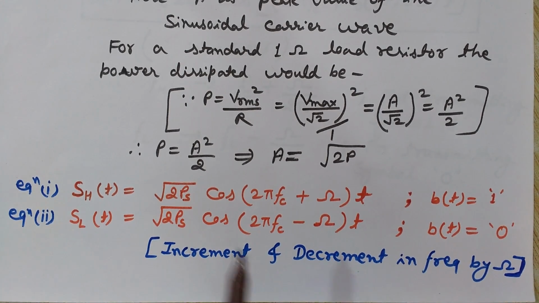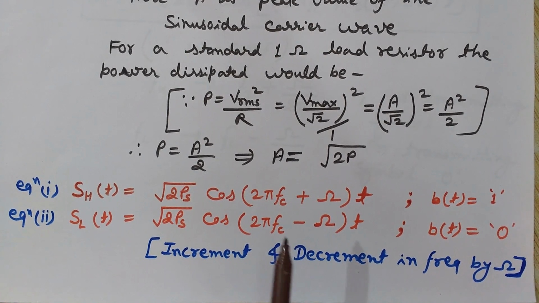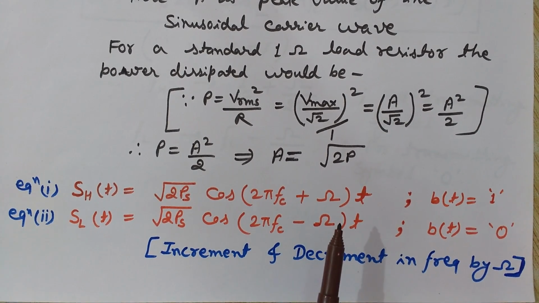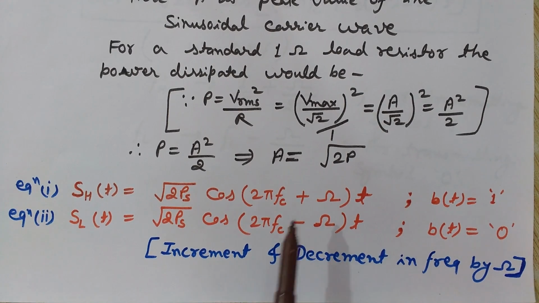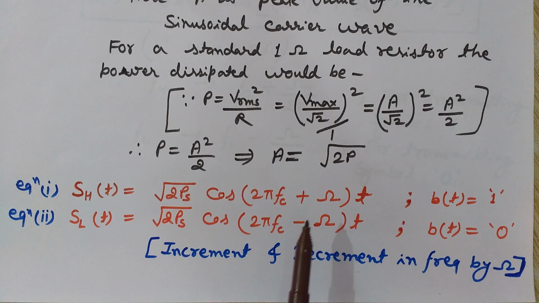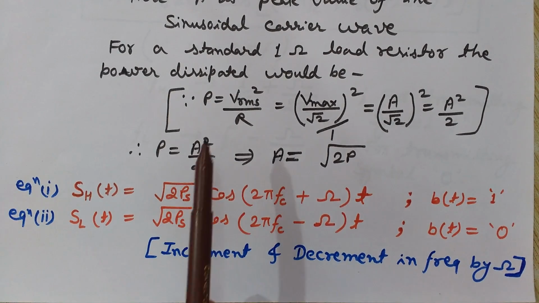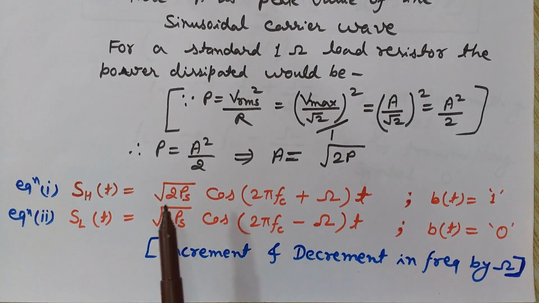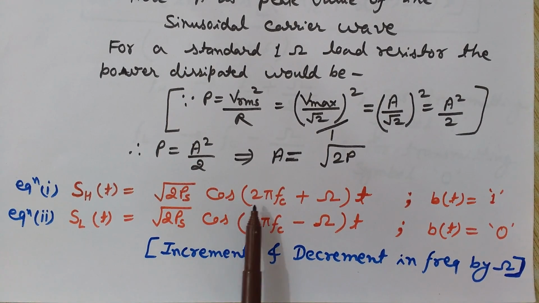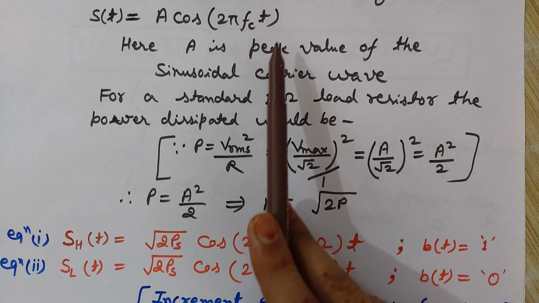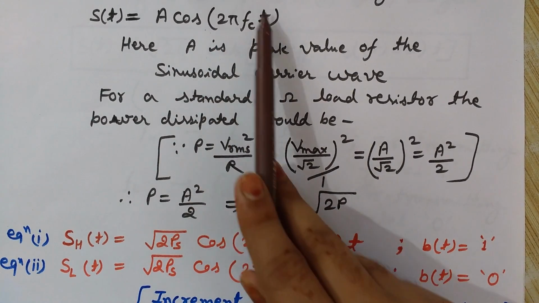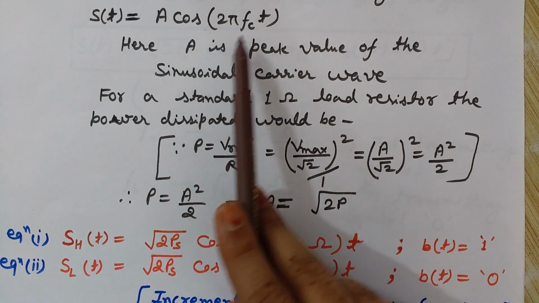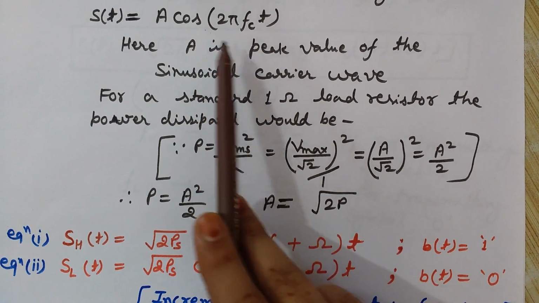So as we have already seen, in binary frequency shift keying we have only two frequency components, because we have only two binary symbols according to which we vary the carrier frequency. So just see that here, in place of A, we have under root 2Ps cos of 2 pi fc. Since fc is the frequency of the carrier wave, 2 pi fc is the omega.